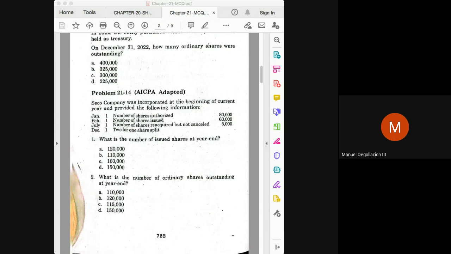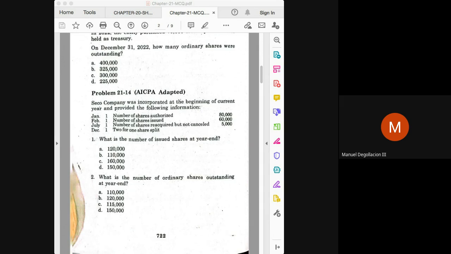Okay. Let's proceed to problem 21-14. What is the number of shares issued at year end? What is the number of ordinary shares outstanding at year end? Okay, so no problem with number one. For number two, I just again want us to solve for the number of shares issued and just deduct our treasury shares. Okay.